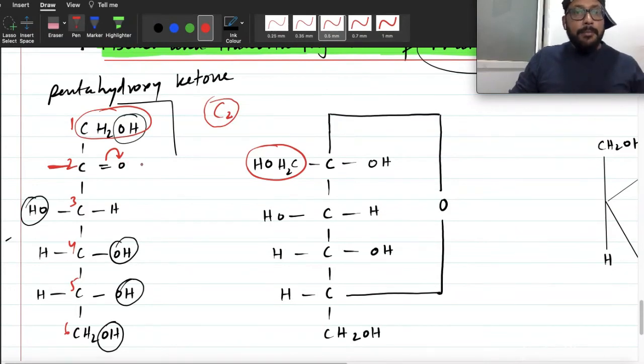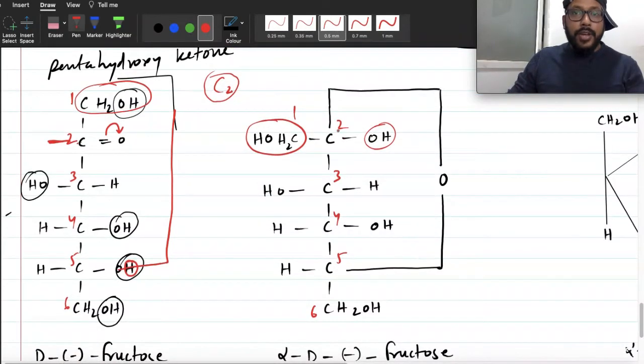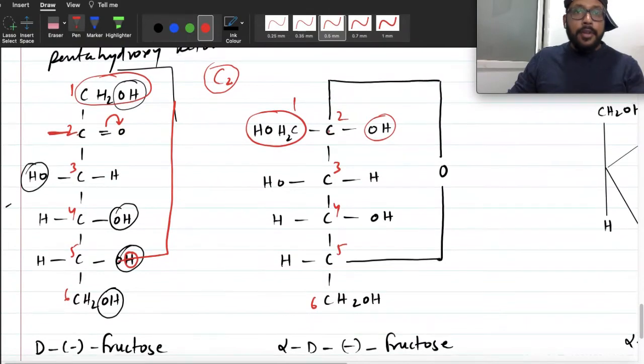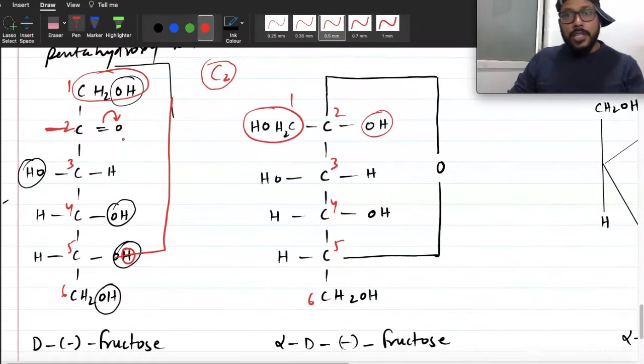And this is again the same theory. OH, this is OH, H comes from the fifth carbon, same as we have already studied in glucose. So this O is linked with this C according to this situation, like this. And as you can see the numbering 1 2 3 4 5 and 6, OH group at C2 carbon. Why C2 carbon? Because this is the anomeric carbon now, because of the strongest functional group C double bond O, that is ketone.